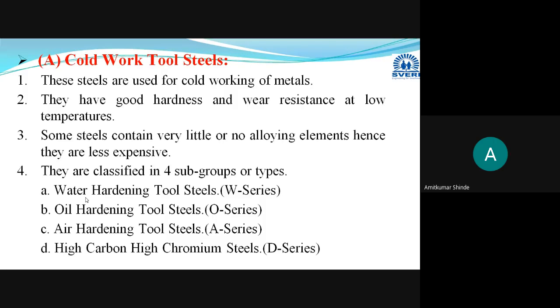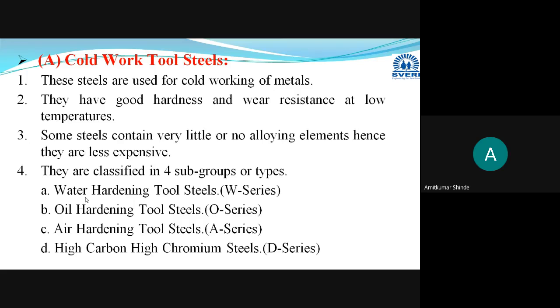So these are some very important properties. They will provide very good hardness and wear resistance, but the important point is that they provide these properties at lower working temperature conditions. Then all these steels can be used for cold working operations of metals or different alloys.